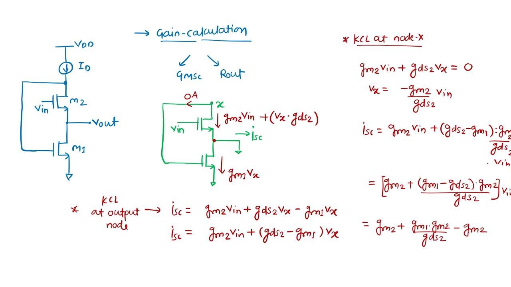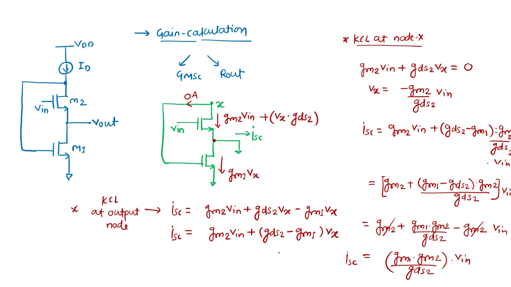So from here, GM2 is cancelled, into Vin. So what we are seeing here is GM1 GM2 by GDS2 times Vin, and this is equal to ISC.